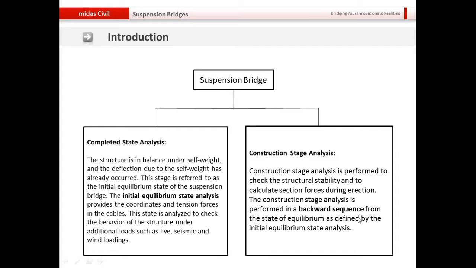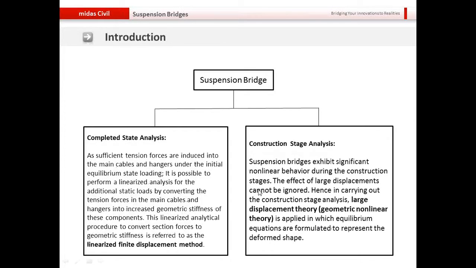So it's a backward construction stage analysis, that is, the starting point is from the completed stage and we go backward. The few keywords that I pointed out on the very first slide were linearized finite displacement method, large displacement or geometric nonlinearity, and backward. So I'll be covering what we mean by stating them.